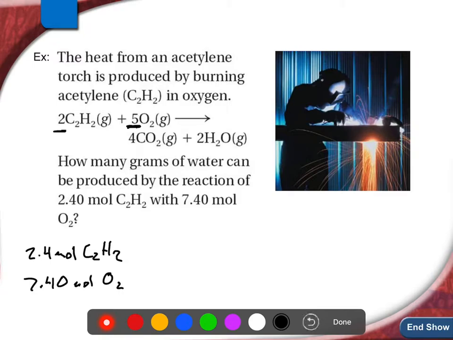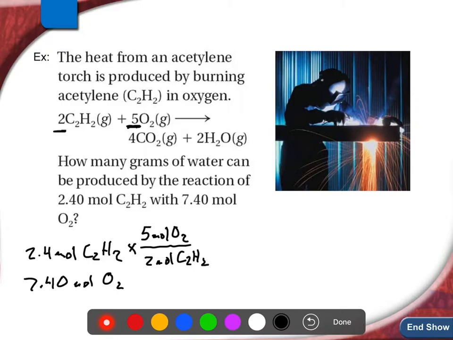With the shortcut, what you want to do is pick one of these and convert it into the other one. So if you pick ethene, or ethylene, acetylene, you would have 5 moles of oxygen on top, 2 moles of ethene on the bottom.